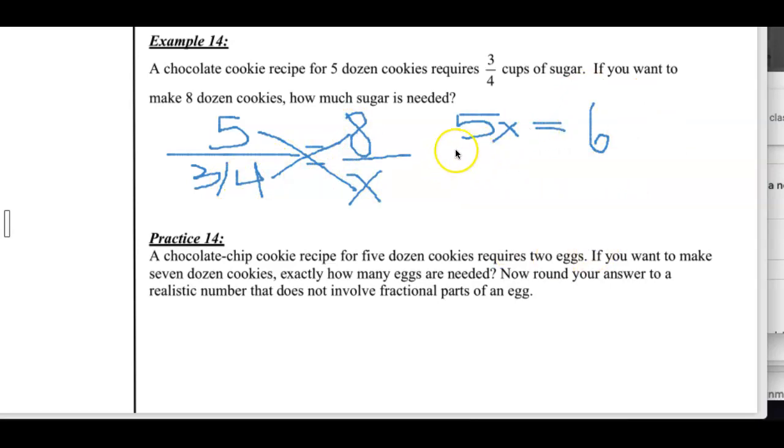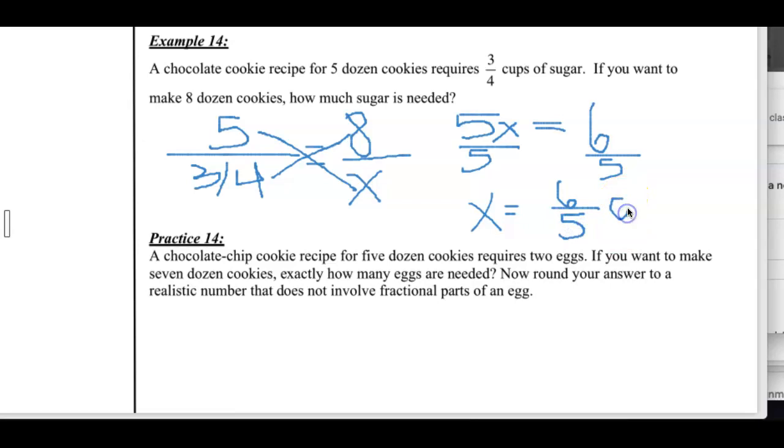So once I'm here, 5x equals 6. I can divide by 5 to get my variable isolated, and according to this, I would need 6/5 cups of sugar for 8 dozen cookies, aka 1 1/5, aka 1.2.